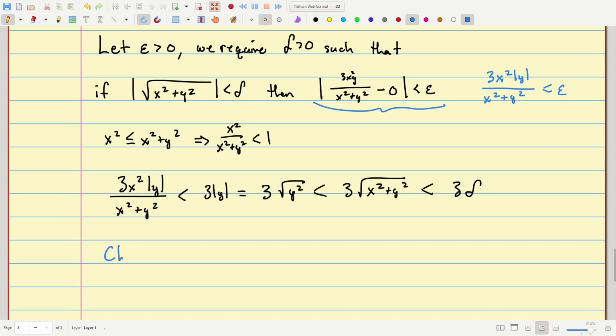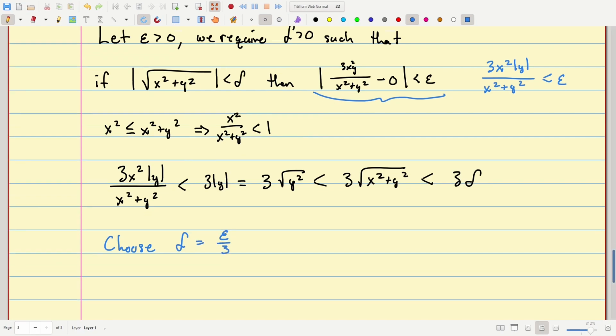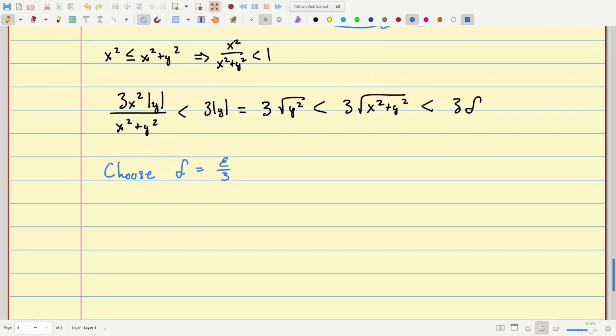So we choose delta to be epsilon over 3. And we get to retrace our steps a little bit.